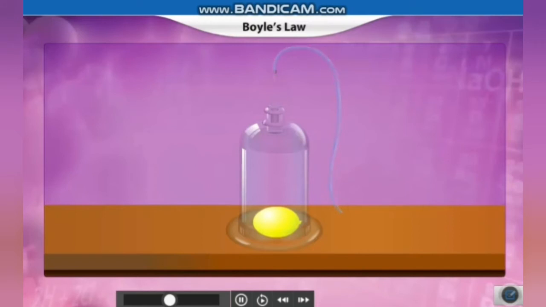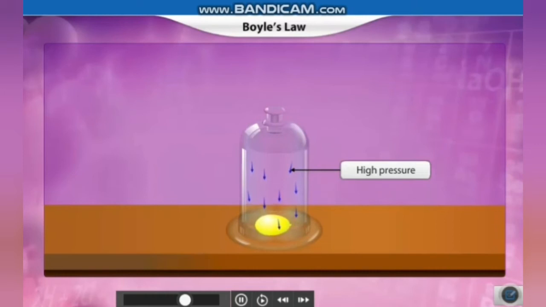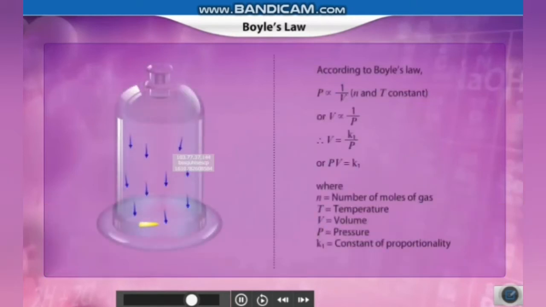Now, again, if the bottle is opened, the air outside reaches inside the bell jar, creating a high pressure. As soon as a high pressure is created in the bell jar, the size of the balloon decreases, it becomes deflated. So, from this experiment, we can understand that at constant temperature, the pressure of a gas is inversely proportional to its volume.